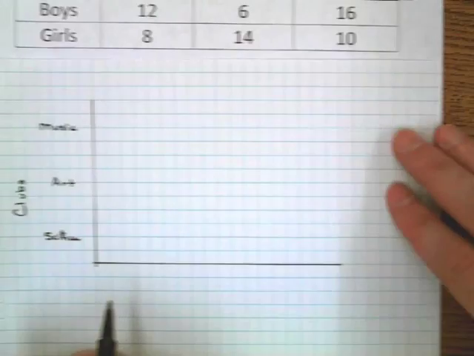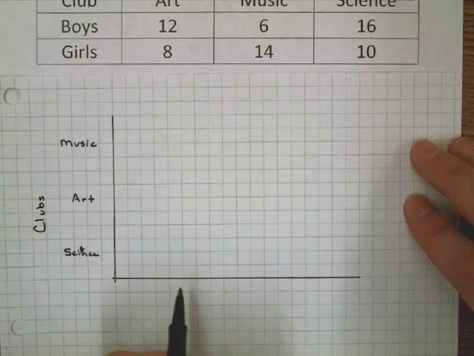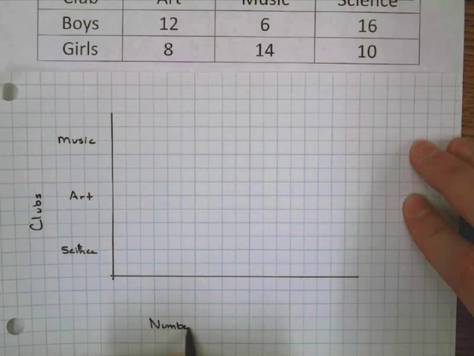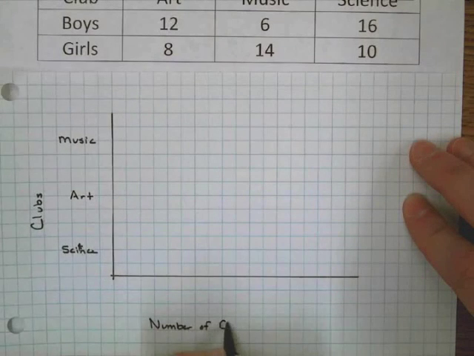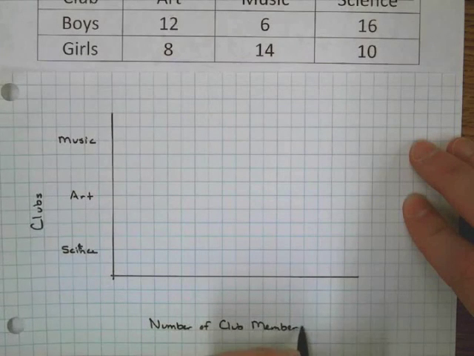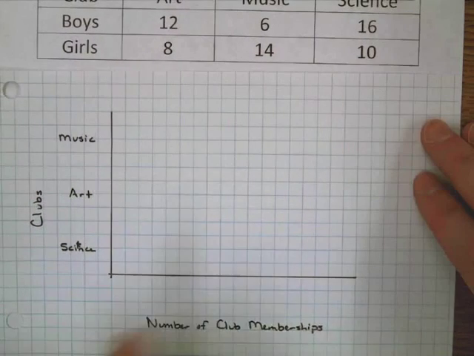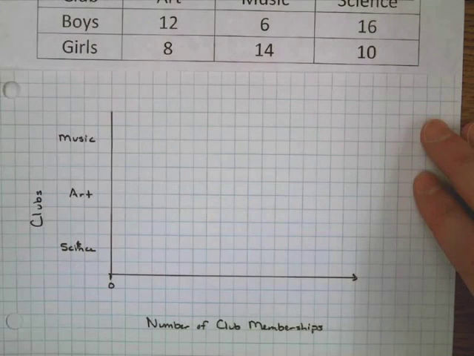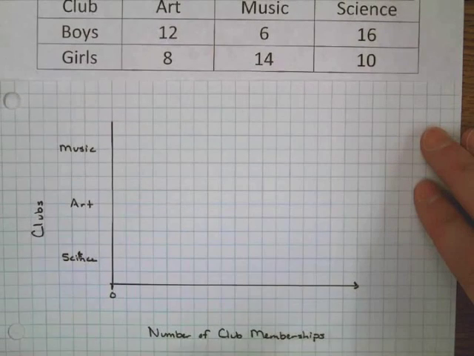So down here are going to be the number of memberships. Number of club memberships. And that's going to be the actual number one. So over here, this is going to be 0. So again, I have to think of my scale and my interval here.